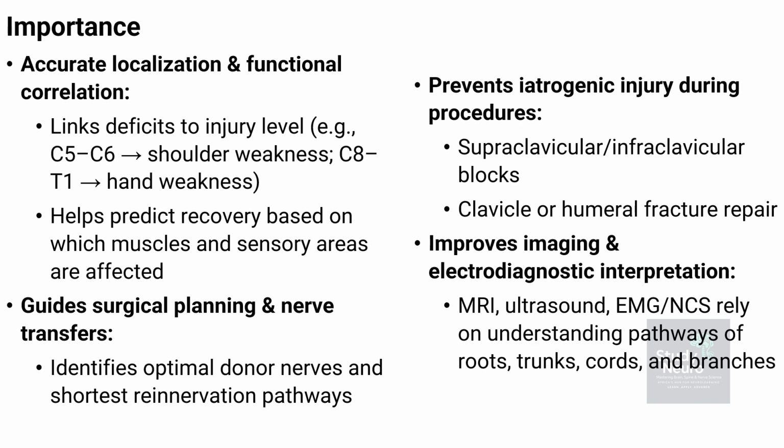It also reduces risks during procedures like regional anesthesia or fracture repair near the clavicle or humerus. Finally, a clear understanding of the plexus improves interpretation of MRI, ultrasound, and electrodiagnostic studies, allowing precise identification of injury sites.